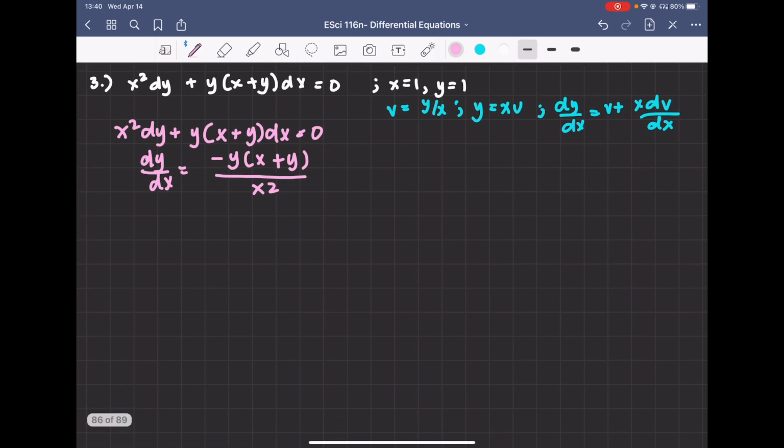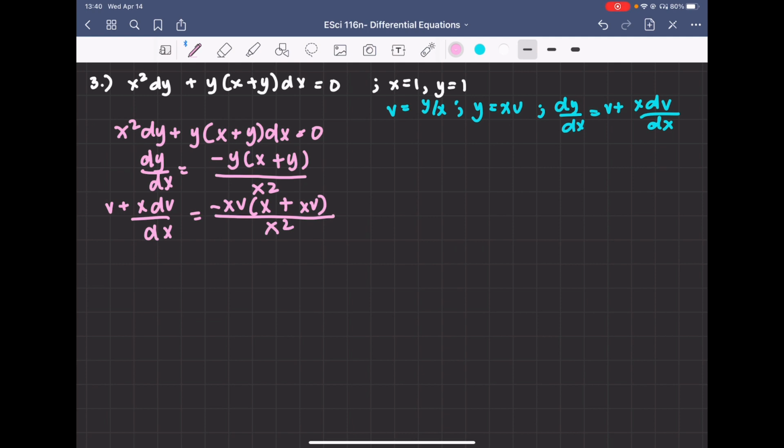There. So let us plug in our values for v and dy over dx. So that's v plus x dv over dx equals negative xv times x plus xv, all over x squared.